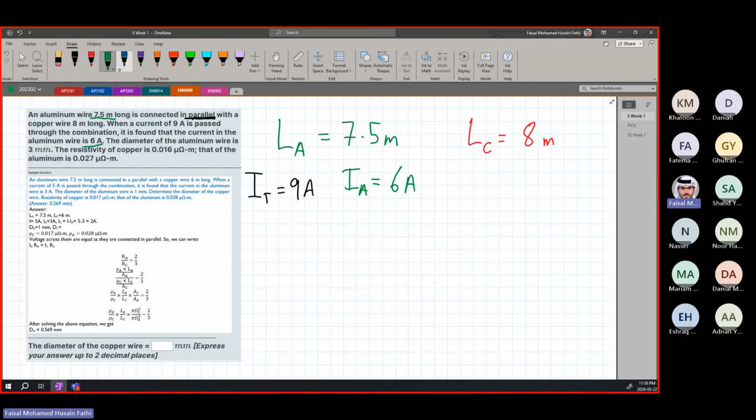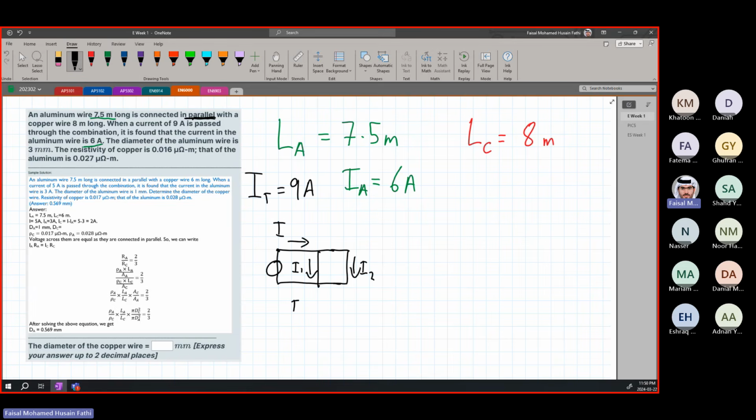What does this mean? Since they are connected in parallel, I'm pretty sure you read that in your classes. When two wires are connected in parallel, so let's say this is the voltage, and then we have 2 wires connected in parallel, the current going in is going to be split between these two. So I is equal to I1 plus I2.